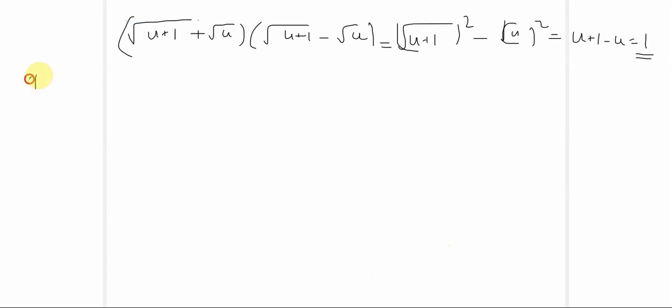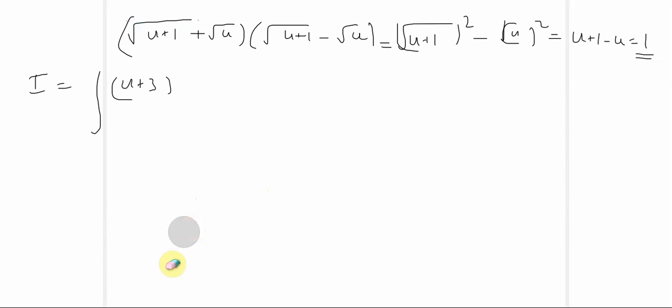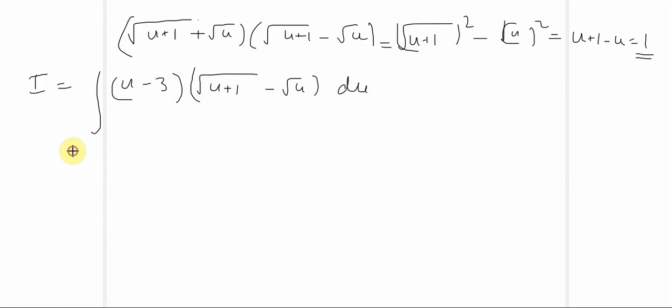and our integral will therefore become u minus 3, let me check, yeah, it's u minus 3, times root u plus 1 minus root u, and denominator becomes 1, as you have seen. Okay, so this is the expression.